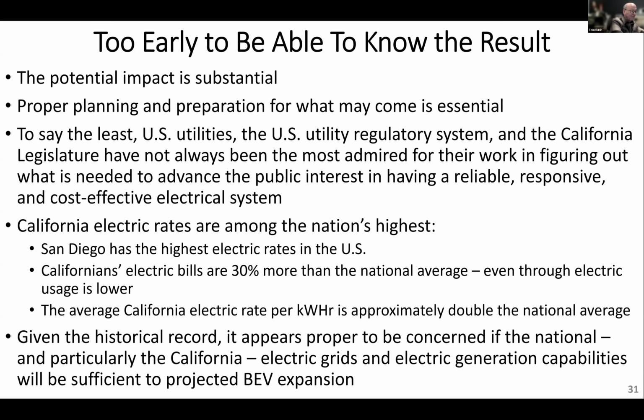But California already has a problem. I don't need to remind most of you of what happened when the legislature decided that it knew how to run an electric grid more than the people who had been doing it for years. Who can trust those public utilities? And we had huge problems.